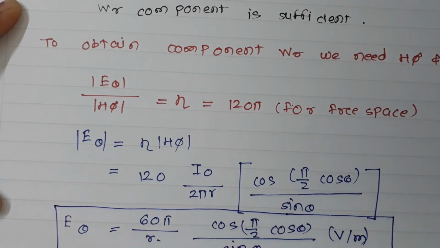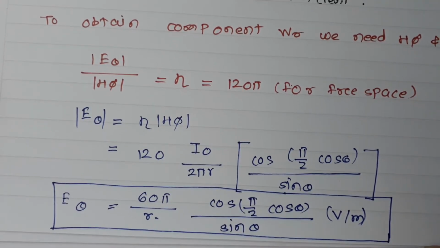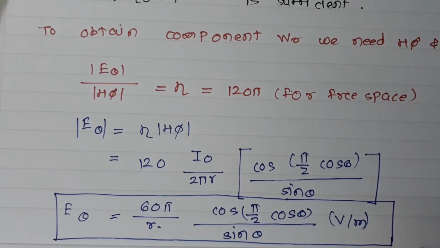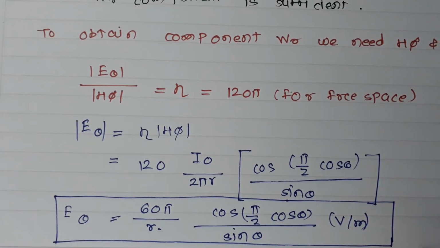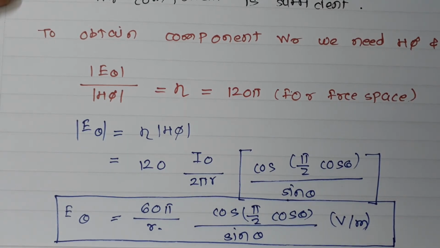Now I have both components, H phi and E theta, so I can go for the power, which is the WR. Notice that the radiation terms H phi and E theta are in time phase and orthogonal.